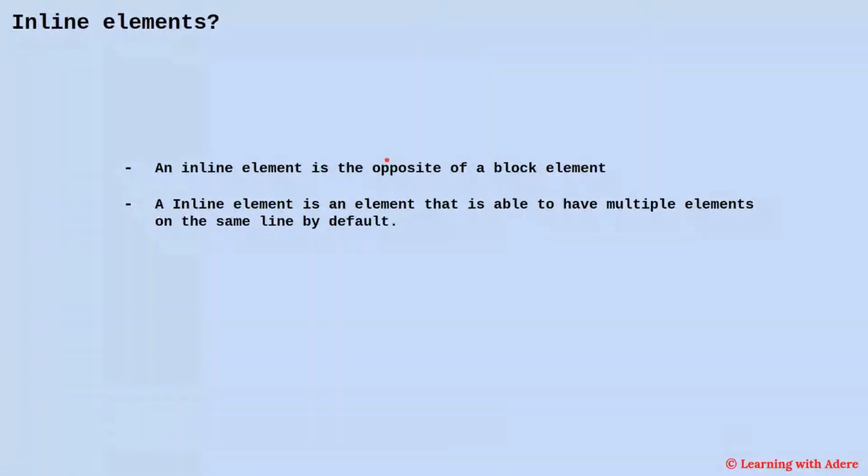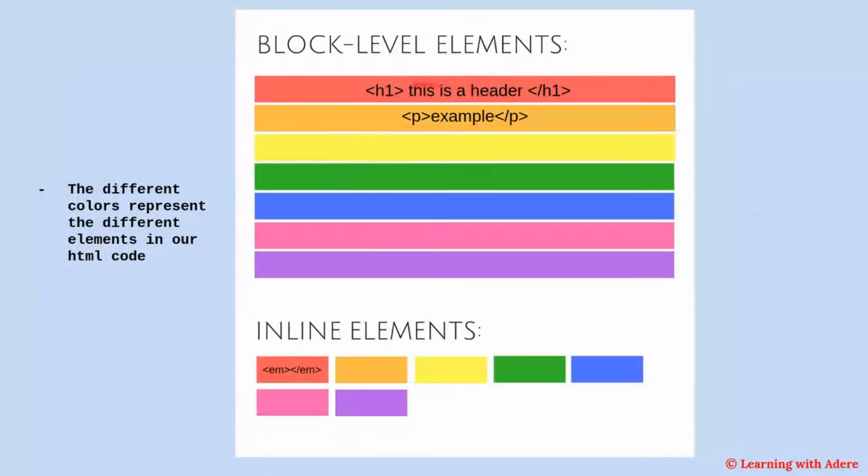Let's look at this example to show how block-level elements and inline elements work. This white background, treat it as if it's your web page. It's the main part of your page, the body of your web page. Two block elements are the H1 tag and the P tag. What makes them block elements is that they take up the full width of the line.